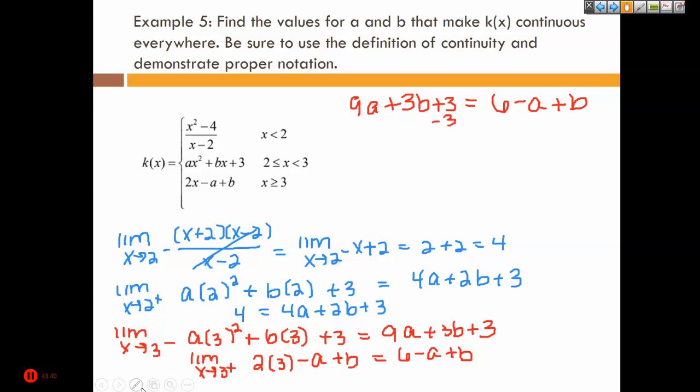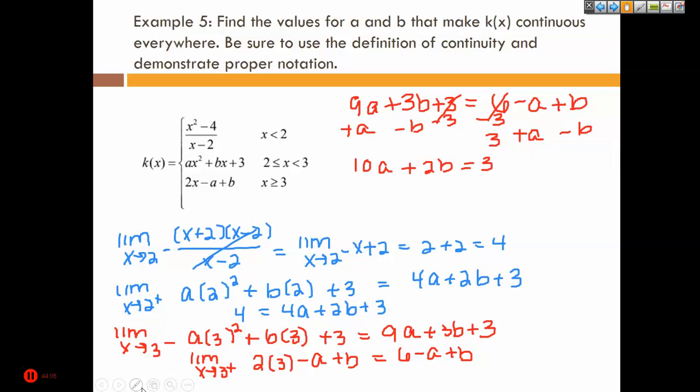So I'll subtract 3. Add my a, subtract my b. So I have 10a plus 2b equals 3.